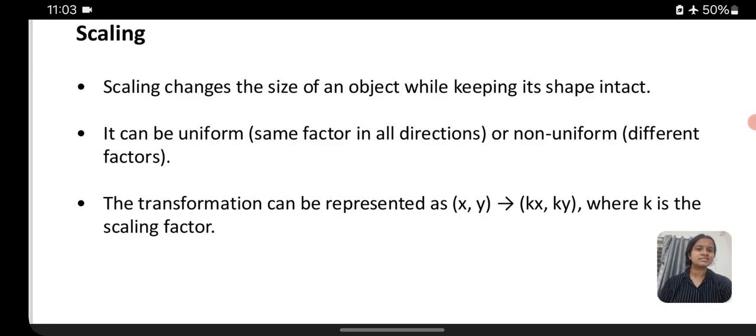Scaling changes the size of an object while keeping its shape intact. It can be uniform, the same factor in all directions, or non-uniform, with different factors. The transformation can be represented as (x, y) gives rise to (kx, ky), where k is the scaling factor.